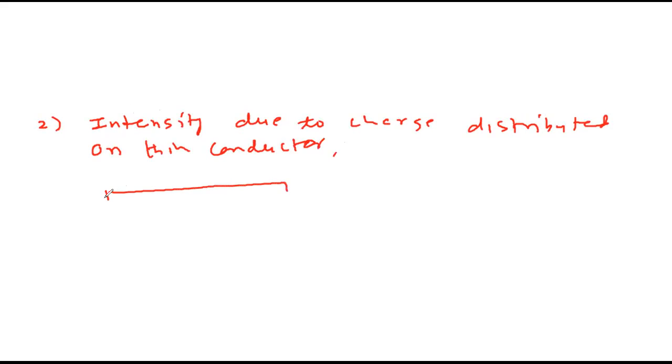That means if this is a thin conductor, charge is distributed on its body, at point P at a distance a from the nearer end. We want intensity if the conductor is of length L. Just draw this diagram and then I'm deriving the formula.